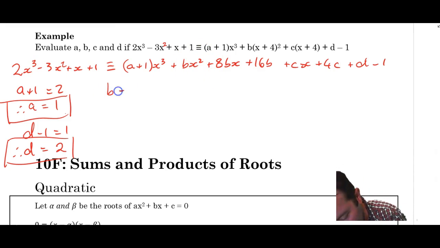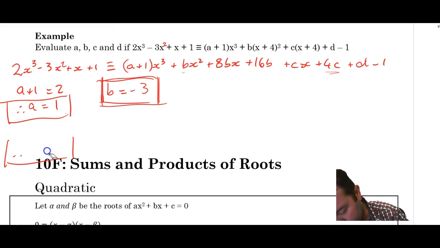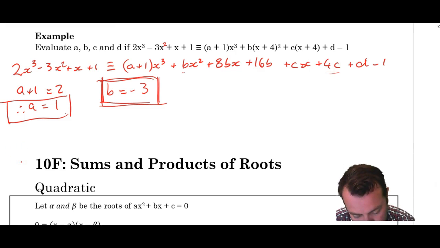So I'm going to say that b equals -3, because I'm going to equate that one with that one there. Now, I made a mistake with the d. That's a constant there too, isn't it? Whoops. Forget this one. Scratch that for the time being. Probably should have worked through these in order.